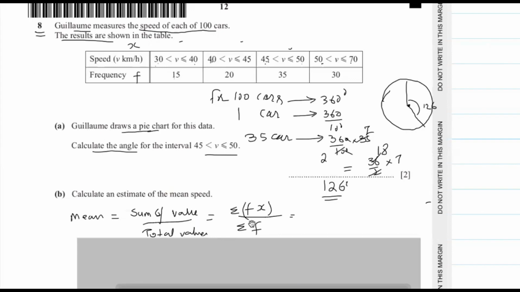Look here, the sum of frequency here is 100. We write 100 in place of the sum of f, and to calculate the sum of product f into x, firstly we will calculate the x.